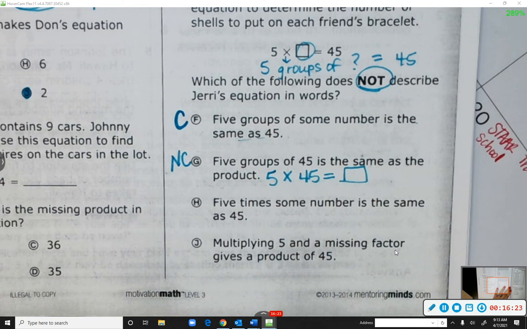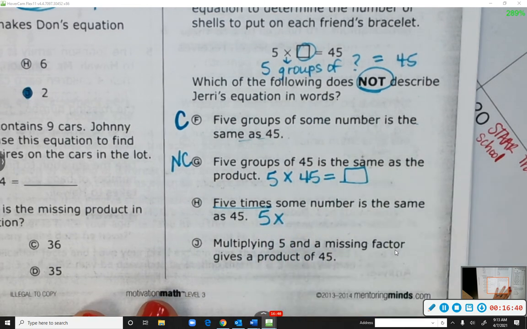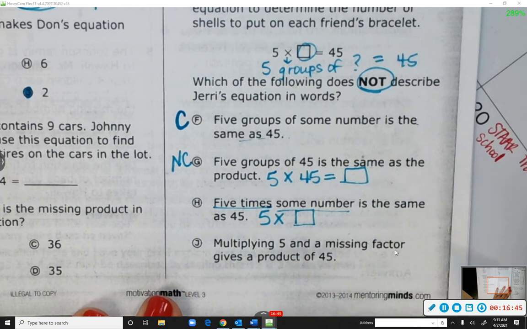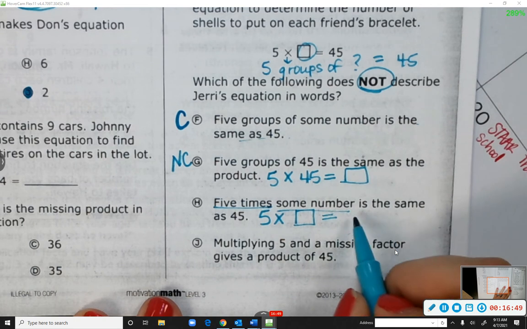H, 5 times some number is the same as 45. How would I write that, Bryson? 5 times some number. Five times means 5 and the multiplication symbol, right? Some number, I could just put an empty box, is the same as 45.